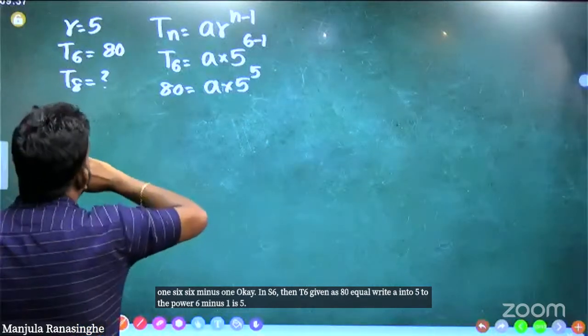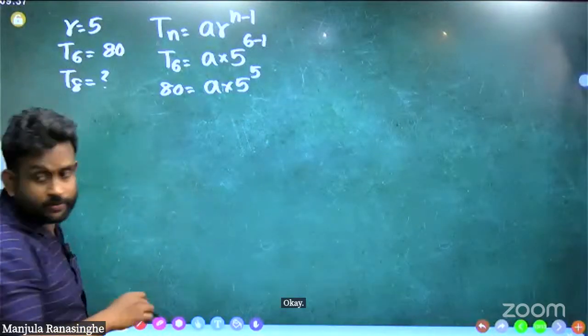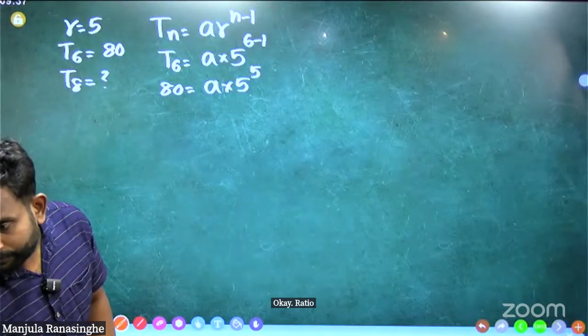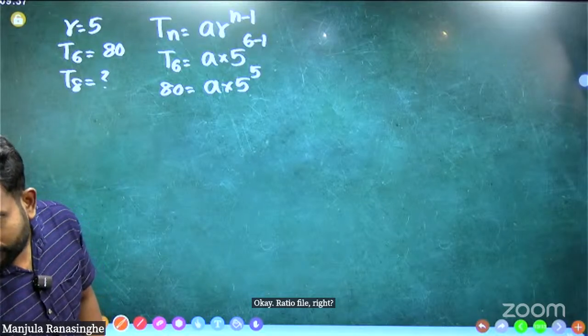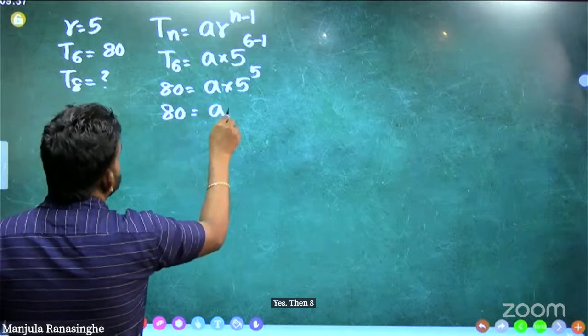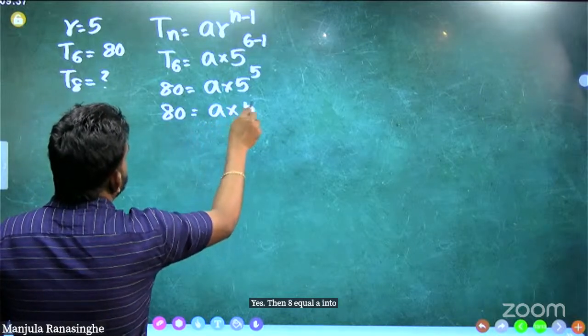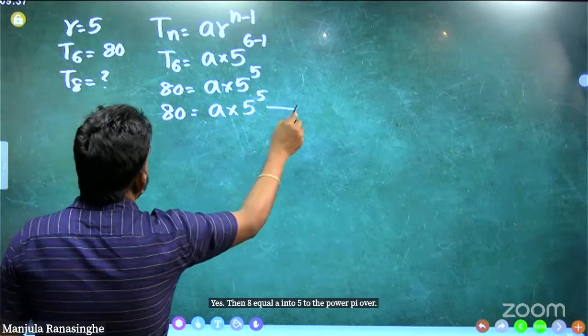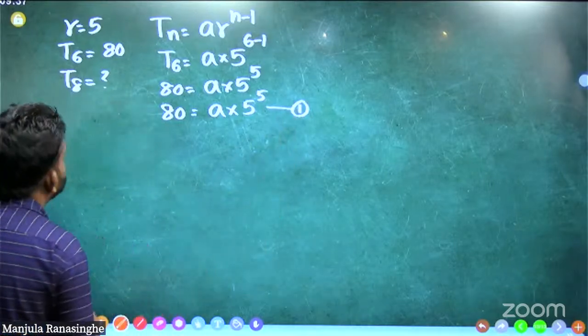Then T6 is given as 80, equal A into 5 to the power 5. First equation.